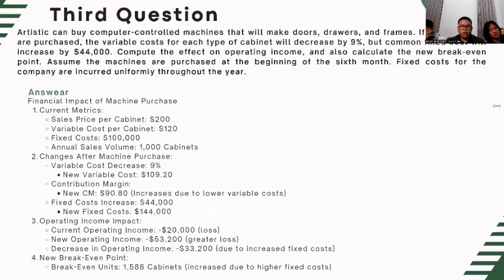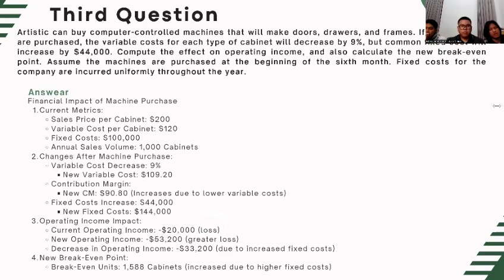The variable cost decreased 9%, and the new variable cost is $109.20, and the new contribution margin is $90.80, increased due to lower variable cost. The last one is fixed cost increase of $44,000, equal to $144,000.